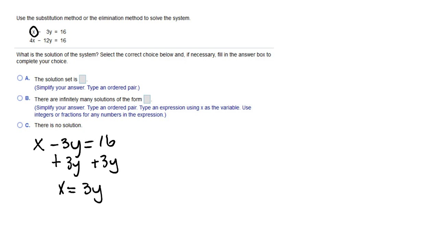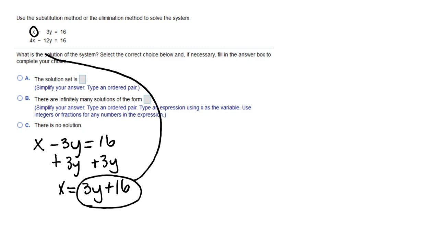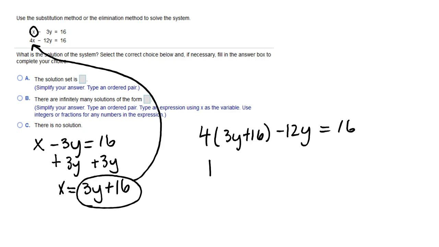So I added 3y to both sides. That gives me x equals 3y plus 16. Then we're going to substitute this in for the other x. It gives me 4 times (3y plus 16) minus 12y equals 16. I'll start solving this with the distributive property.